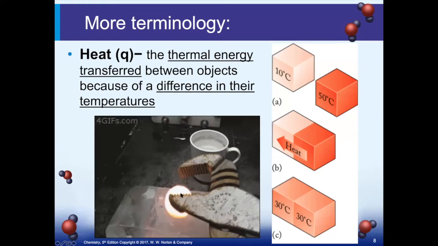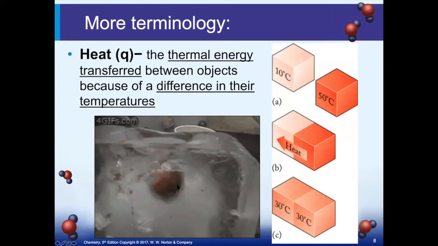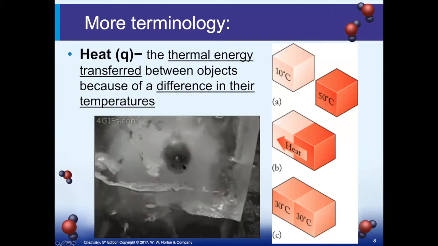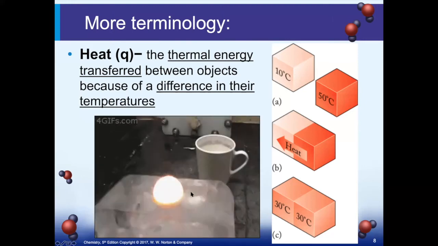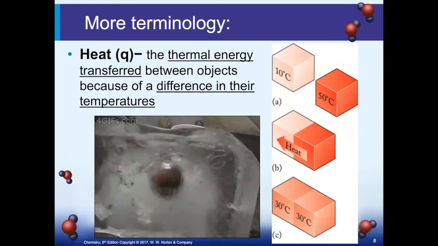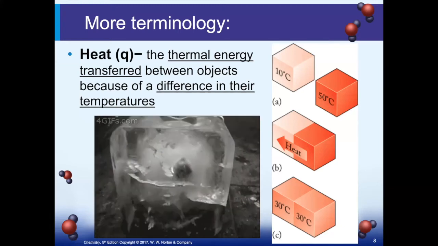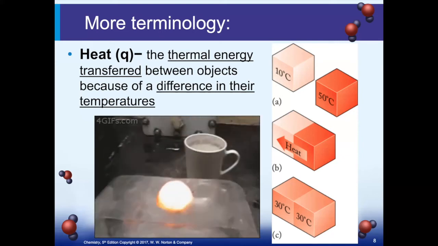Take this white hot ball of metal and drop it on a big block of ice, and it will transfer its energy and cool off until that metal ball stops somewhere inside the block of ice, because it has reached the same temperature as its surroundings, as that surrounding ice, or water perhaps. So that's the idea with heat.